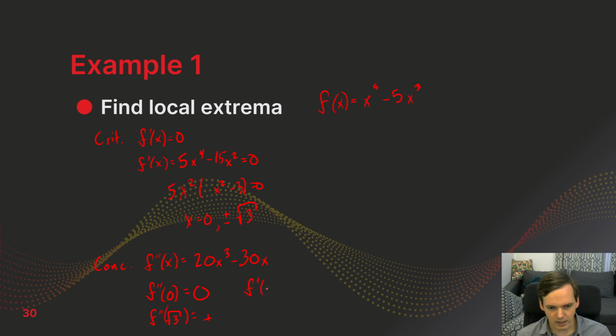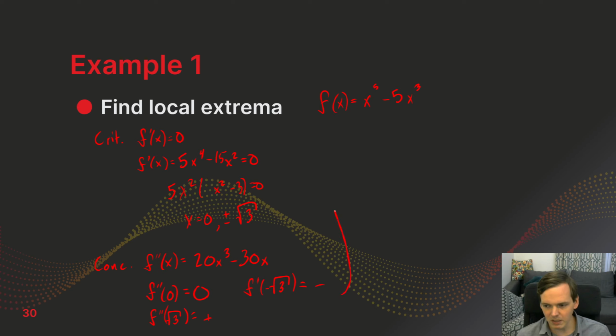And then the second is negative, which is going to be negative. I did that quickly in my head: negative number to the third, negative 20 something, negative 30 something, and 20 times square root of 3 to the third is going to be bigger than 30 times square root of 3. If you want to check that on a calculator, you can.